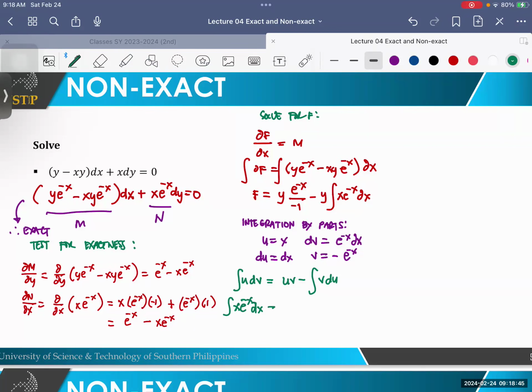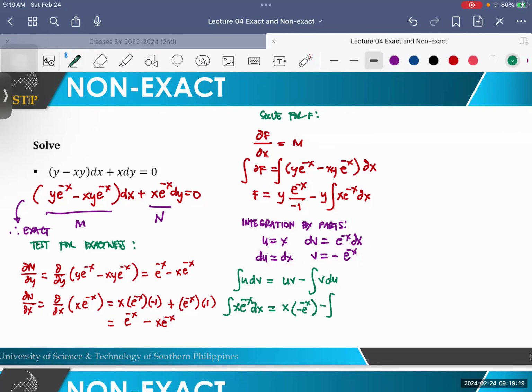Equals, the uv is the multiplication of u and v: x multiplied by negative e to the negative x. Minus the integral of v du. The v is this, and the du is this.